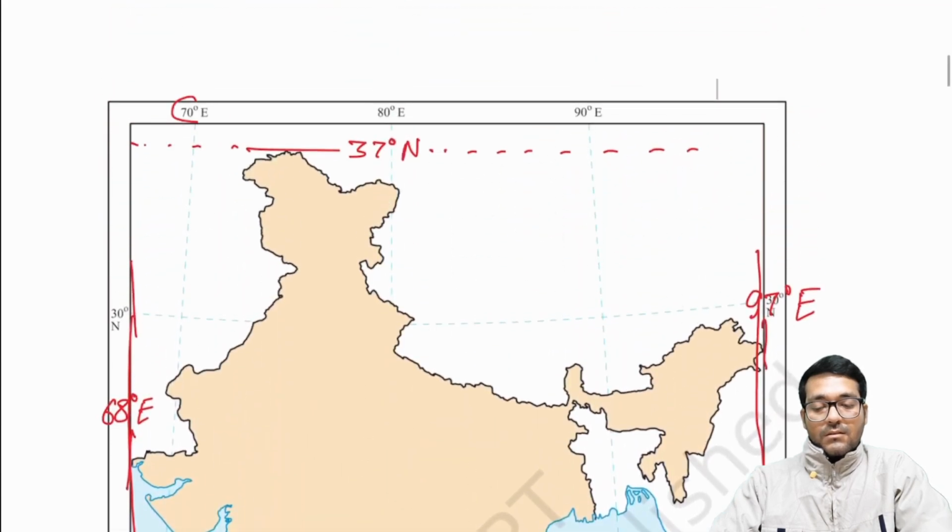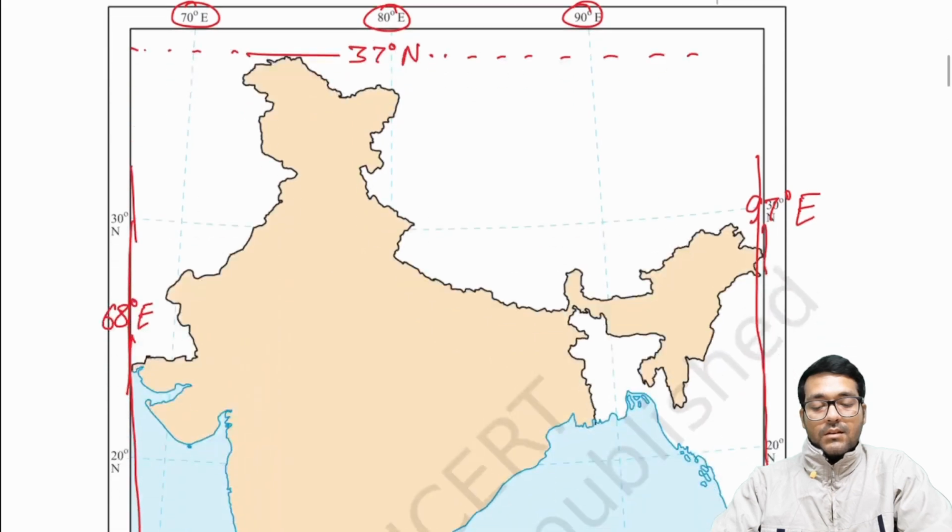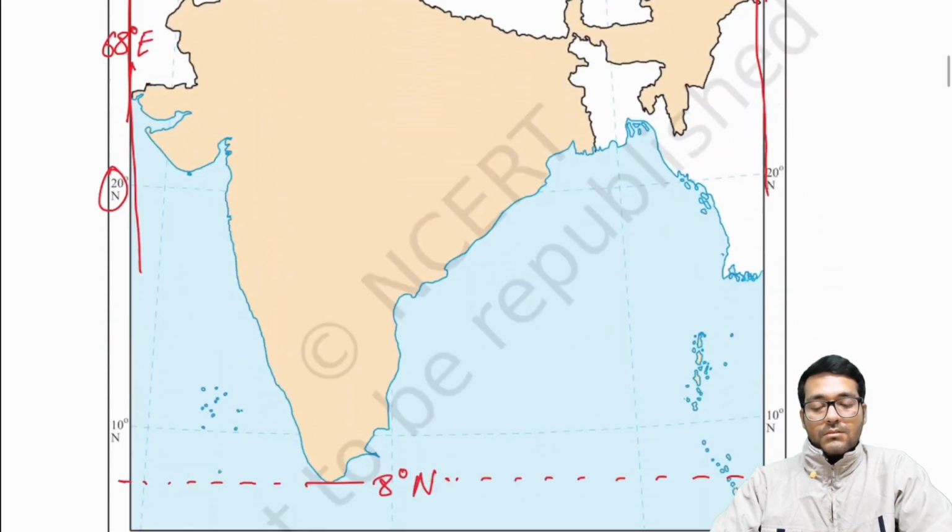You can see some latitude and longitude measures are written at the borders.